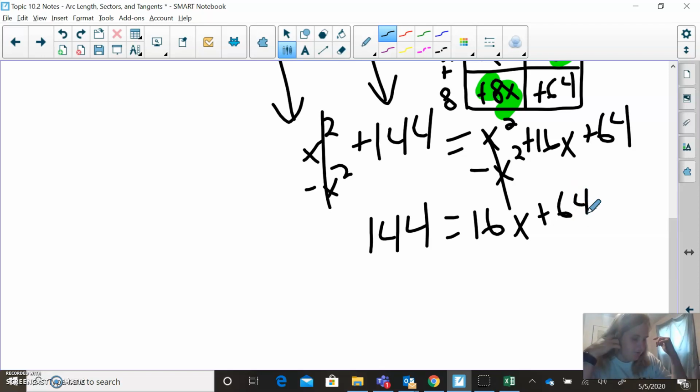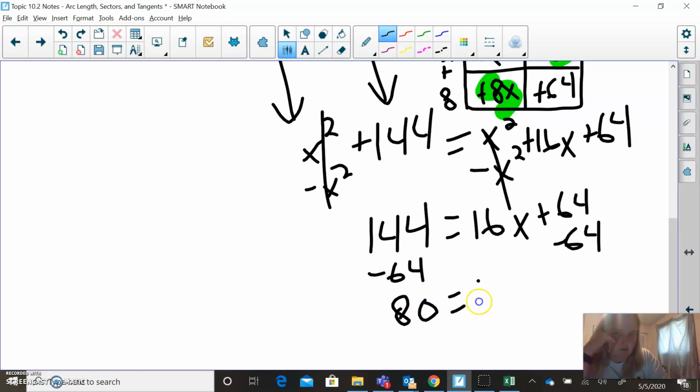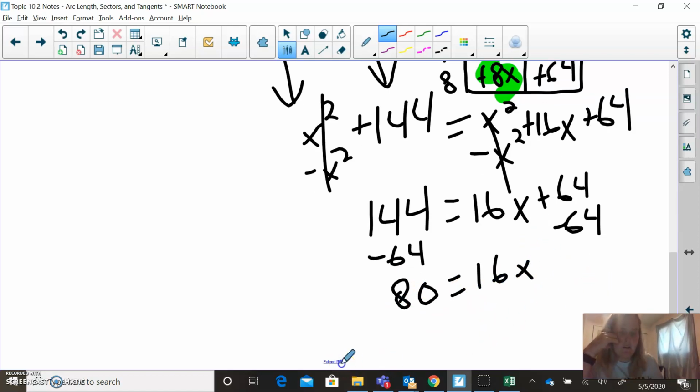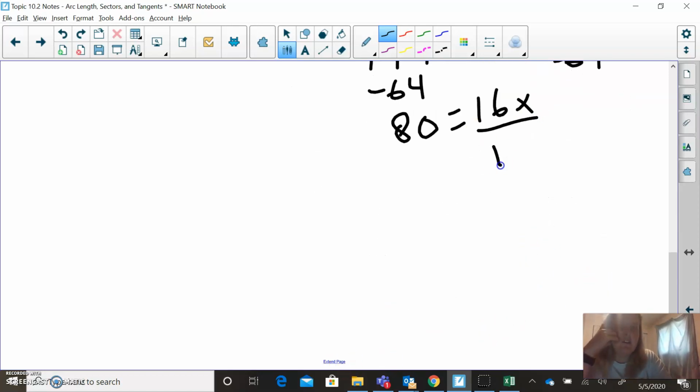So you're going to subtract 64, and you get 80 is equal to 16x. Now we have to get x by itself, so we're going to divide by 16. And x equals 5.